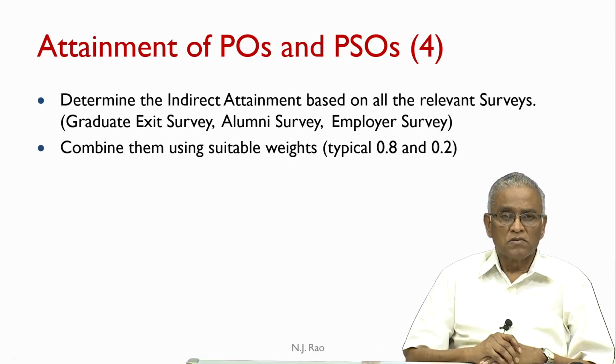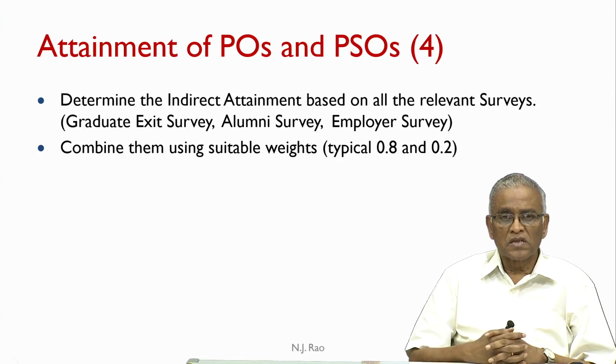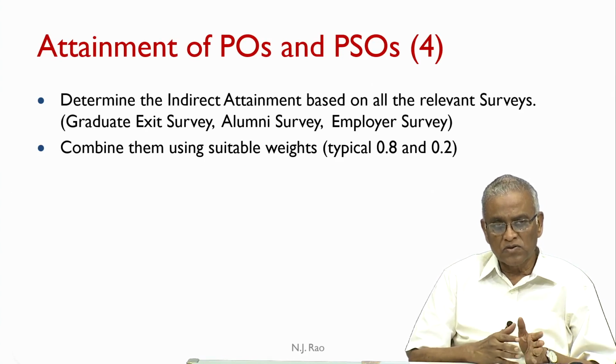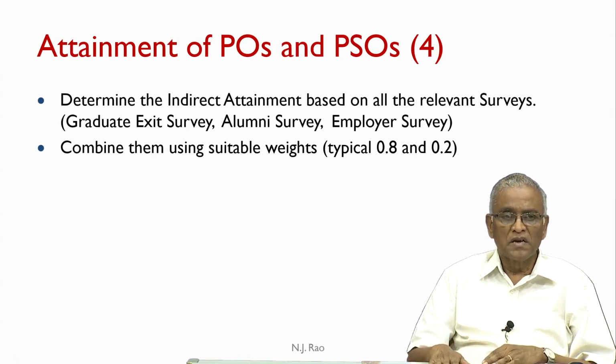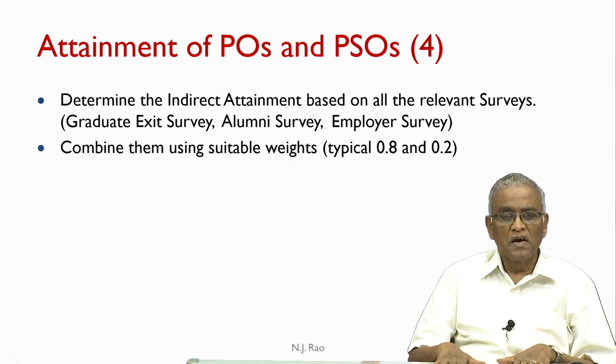Now, we also determine the indirect attainment based on all the relevant surveys. Surveys could be a graduate exit survey, that means when the students are just leaving the program, you conduct a survey, an alumni survey, an employer survey. These forms can be designed and you actually get the information from that.